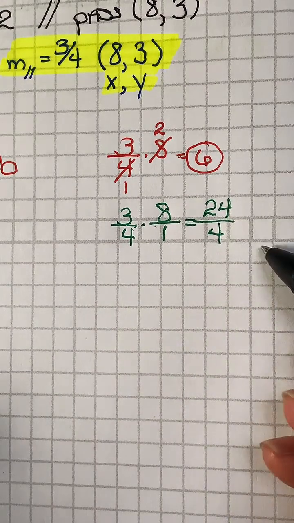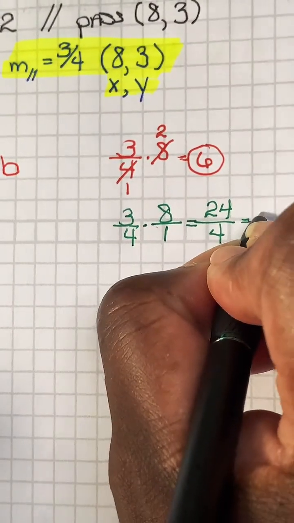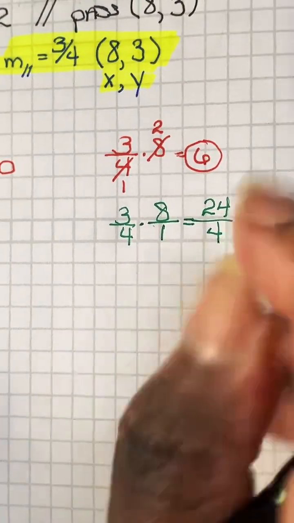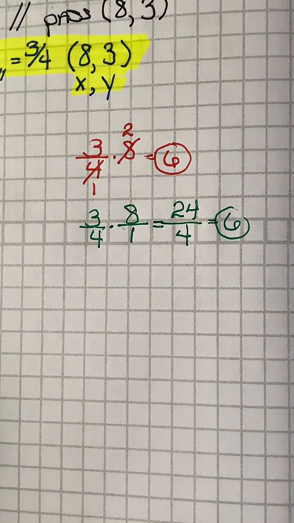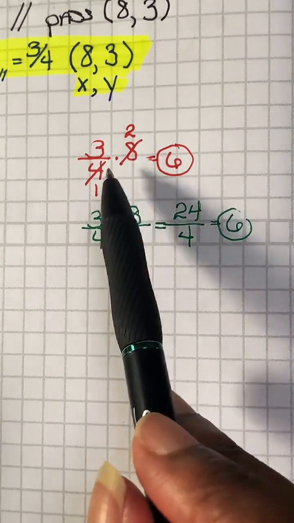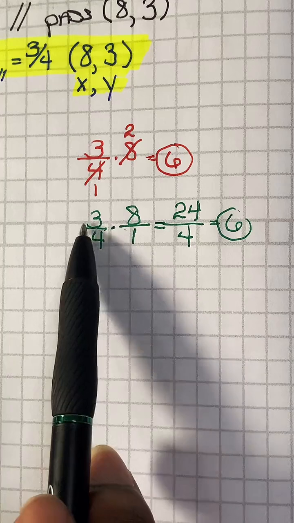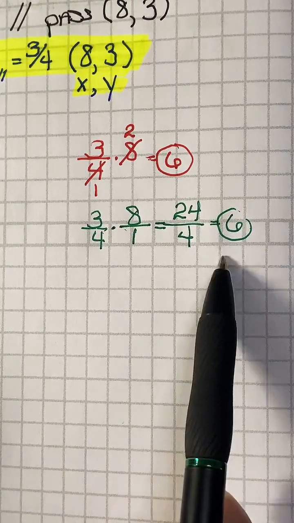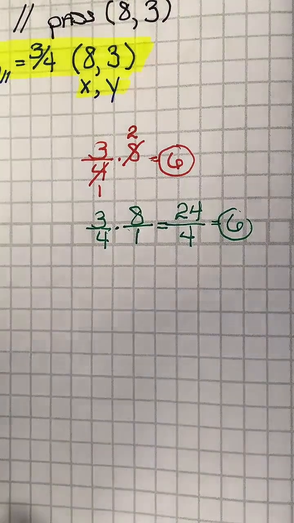Then you can divide: 24 divided by 4 gives you 6. No matter what, you're going to get the same answer. So you can either cross simplify, or you can put it over 1 and just multiply, then simplify or divide. All right? Awesome.